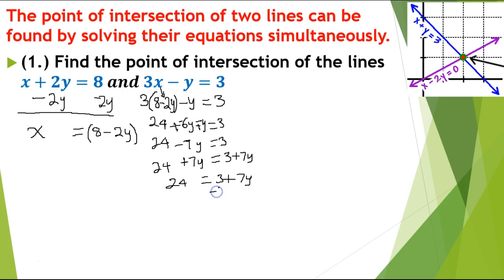Now we can subtract 3 from both sides, because this is addition. 24 minus 3 is 21, equal to 7y. Now we divide both sides by 7, and y is going to be 3.